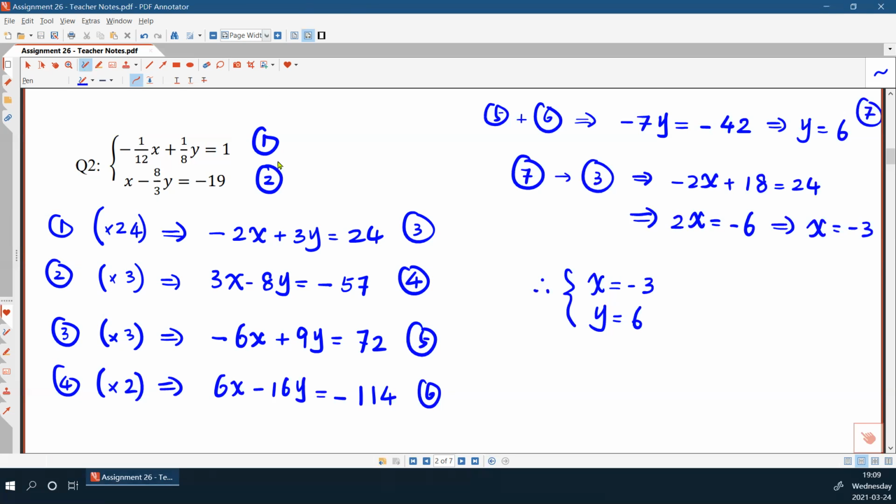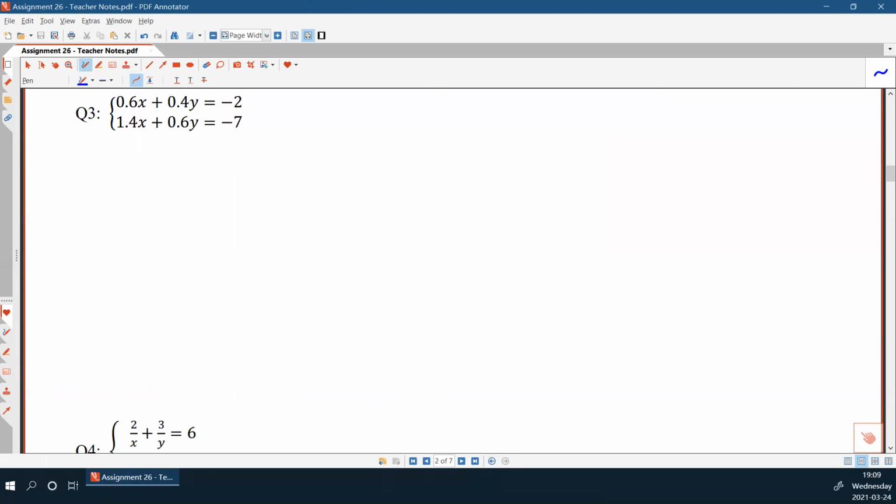Okay, if you have no questions, let's have a look at the next one. Okay, next one, let's see. This is number 1, this is number 2. And okay, again, usually I think you can convert the decimals to integers to make the questions simpler, right?